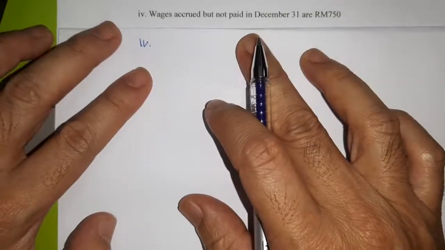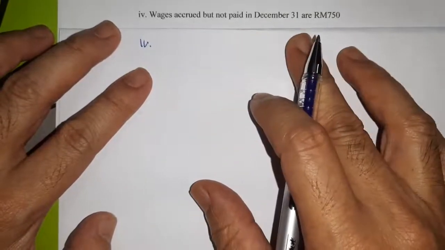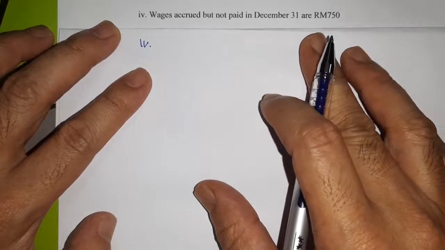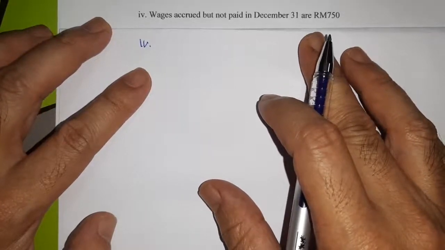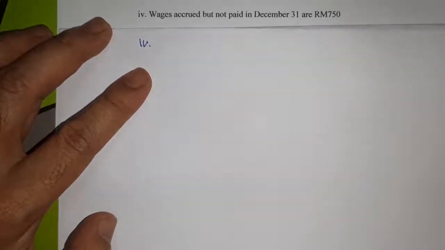So for this information number 4, wages accrued but not paid on December 31st. Wages accrued means that the workers have worked in the year 2000X2 and the business has to pay the workers, but the business has not paid yet.